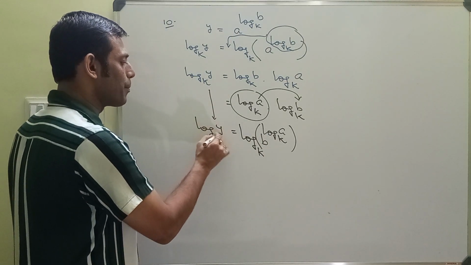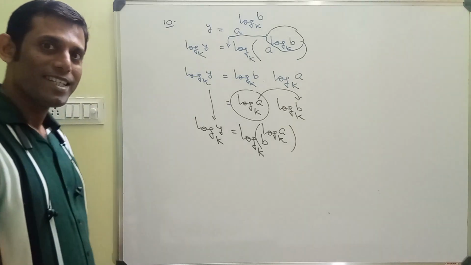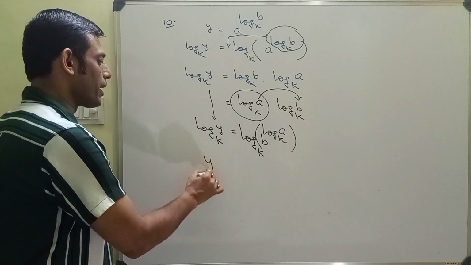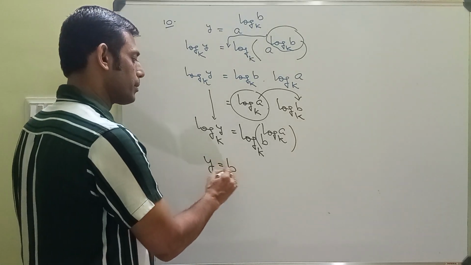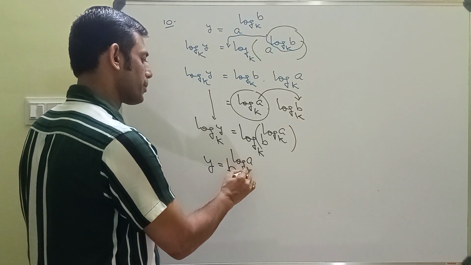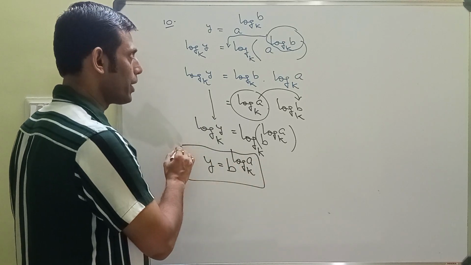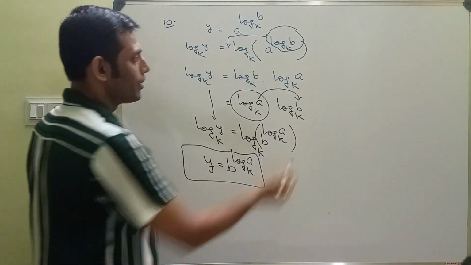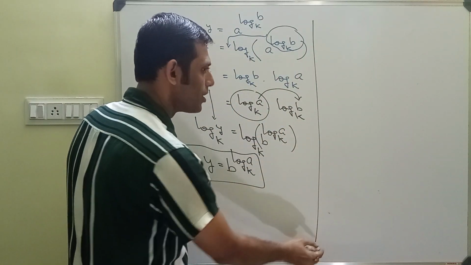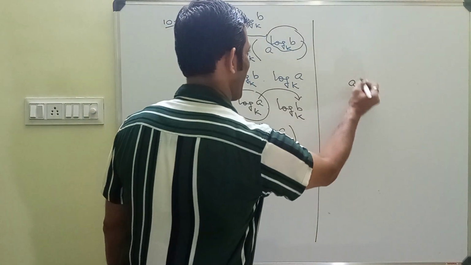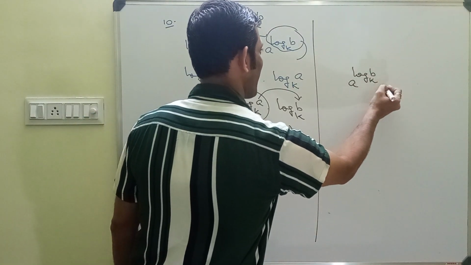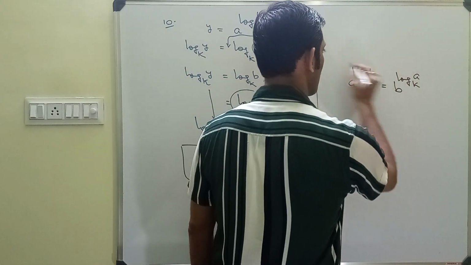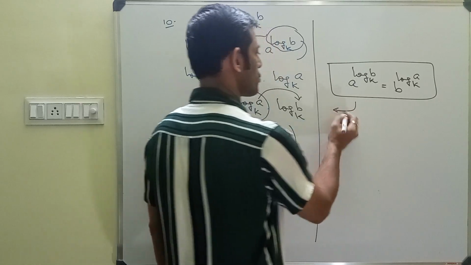We still have log y base k. That means y is equal to b power log a base k. It was something like this, and it suddenly became like this. That means a to the power log b base k is equal to b to the power log a base k. Think on this. You just proved this.